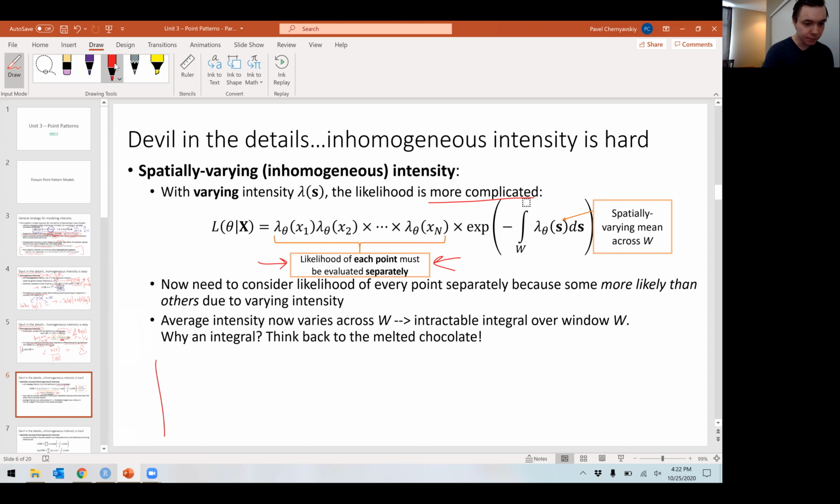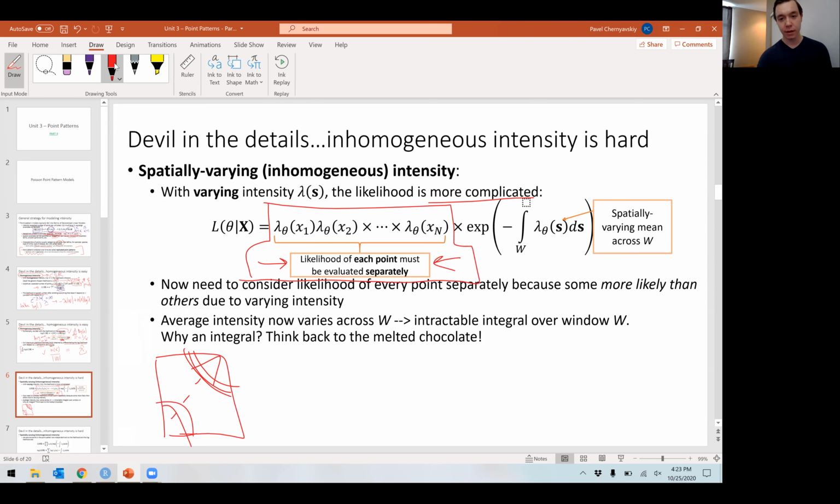If I have a point pattern where things get more intense as we go from the bottom left to the top right corner, I better evaluate these points separately from these points. So that's what this first bit here does. It's simply an evaluation of our intensity at every point.